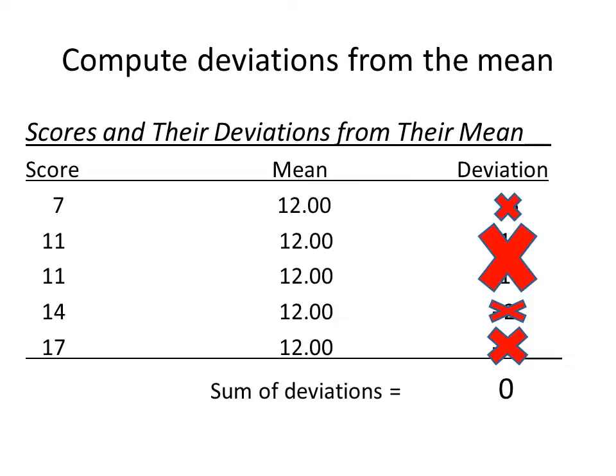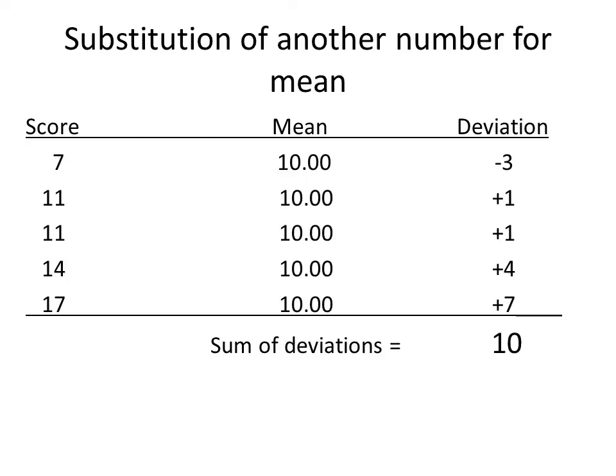Remember that the negatives cancel out the positives when summing, which then yields 0. Now, if we substitute any other number for the mean and perform the calculations, we will not get a sum of 0. So only the mean will produce this sum.